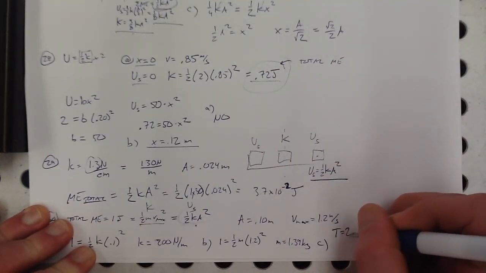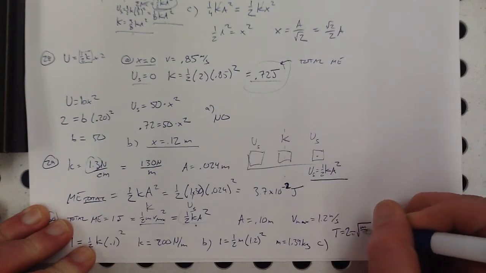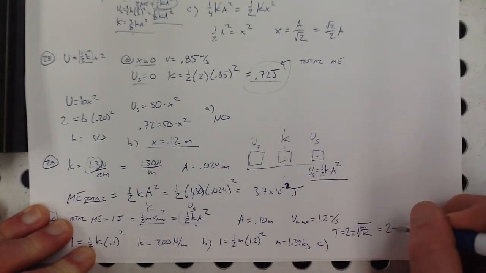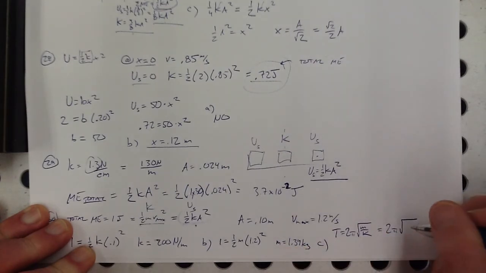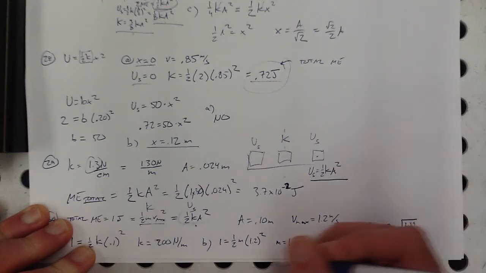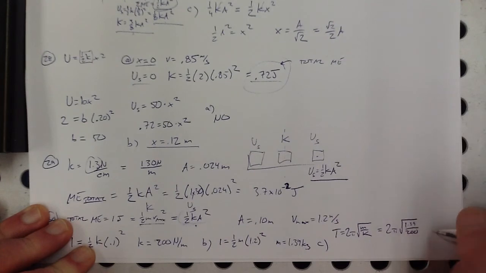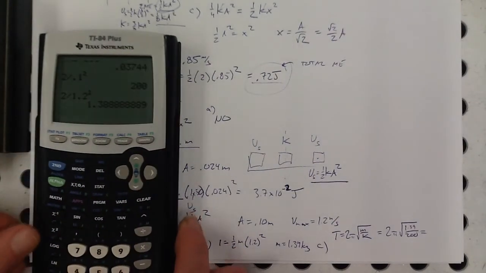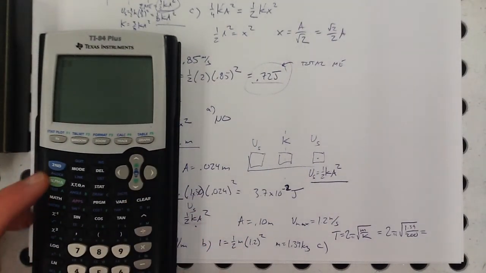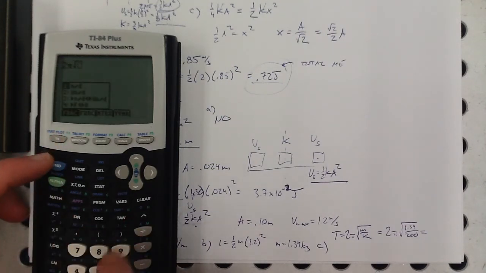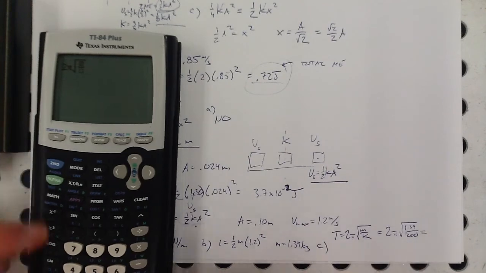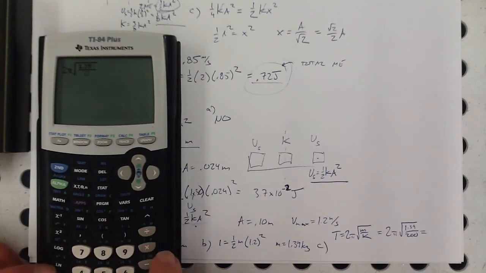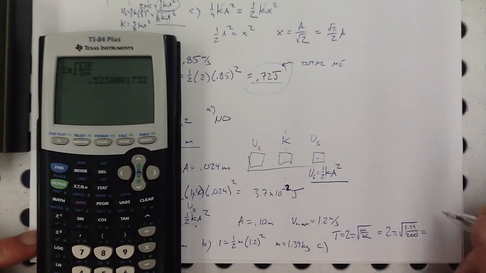So period is equal to 2 pi times the square root of m over k. So that's that.